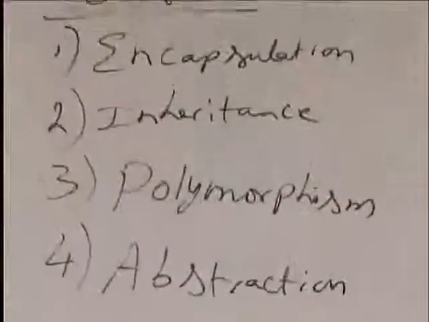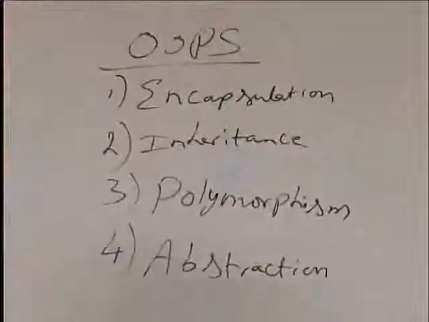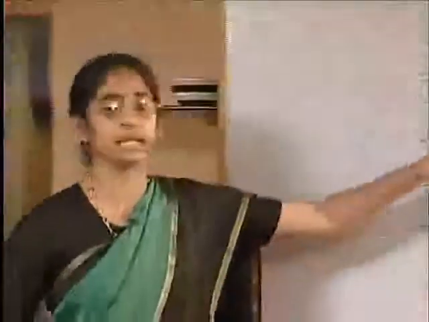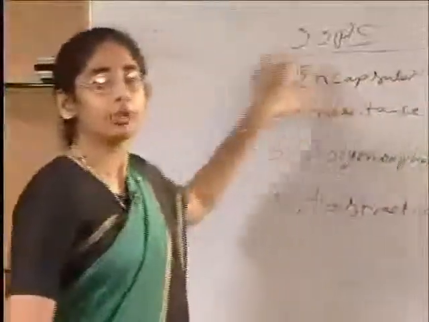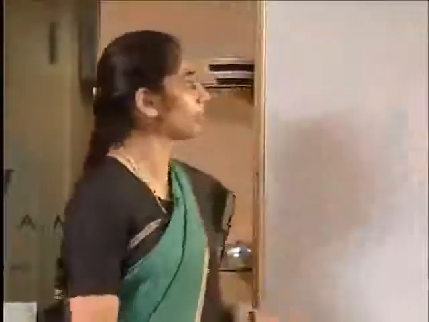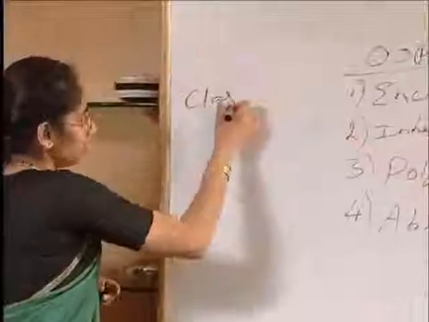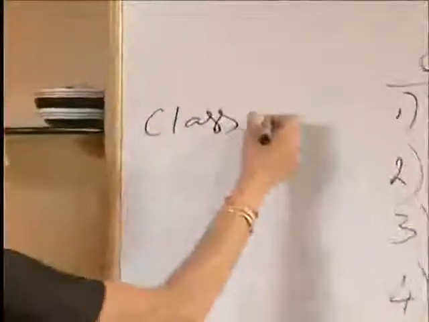Now let's look at these features in more detail. What do you mean by encapsulation? Encapsulation means putting together all the variables and the methods into a single unit called a class. So you define a user-defined data type called a class.